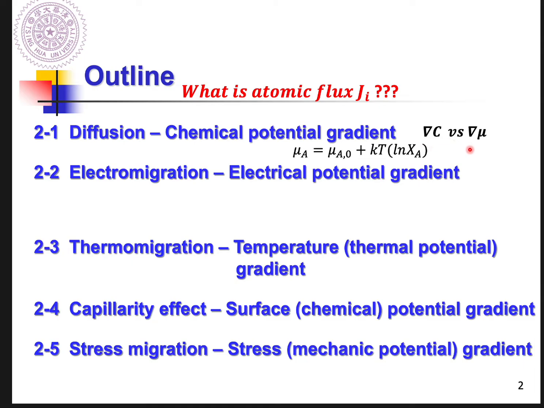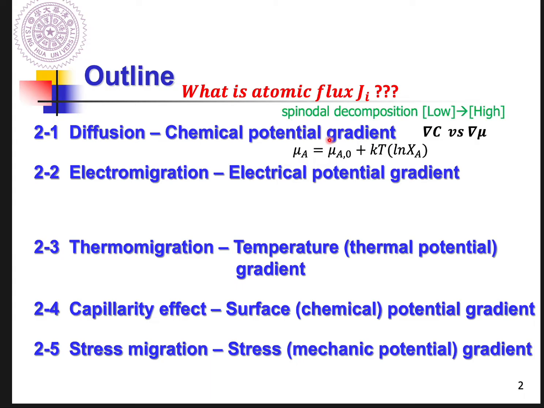As long as you can formulate the chemical potential at each location, then you can understand whether there is any chemical potential gradient, difference, or variation in your materials. So you can determine whether mass transport will happen in your system.